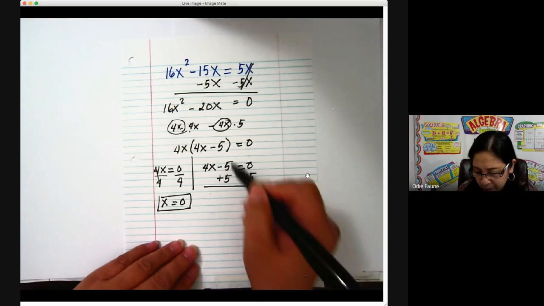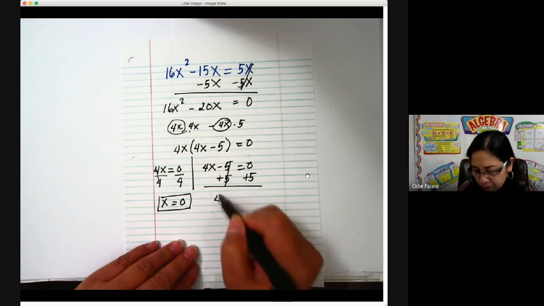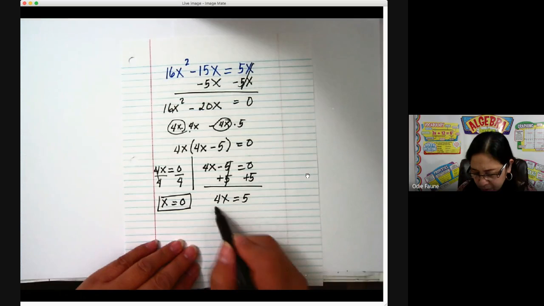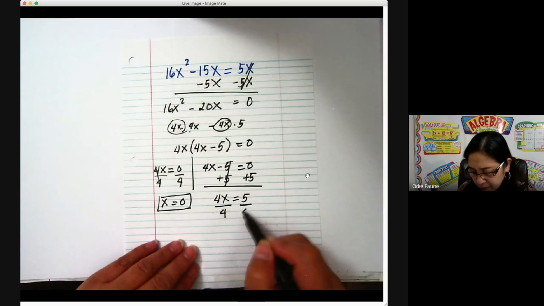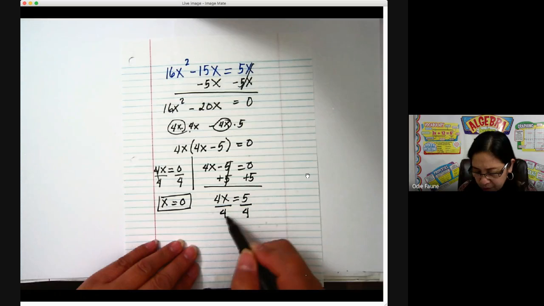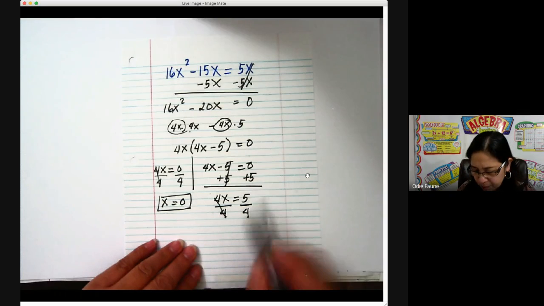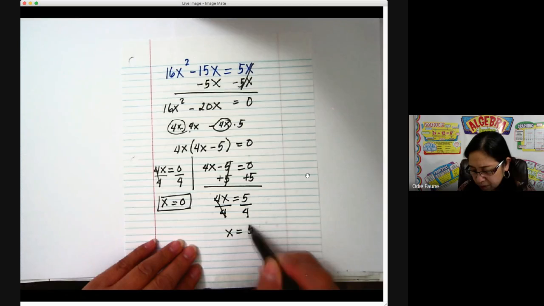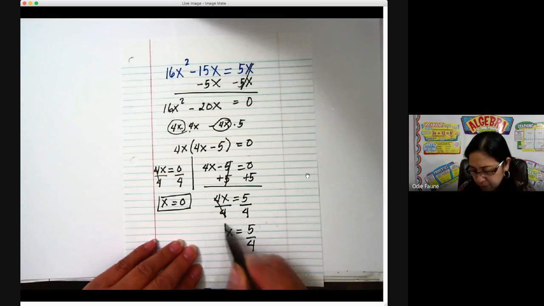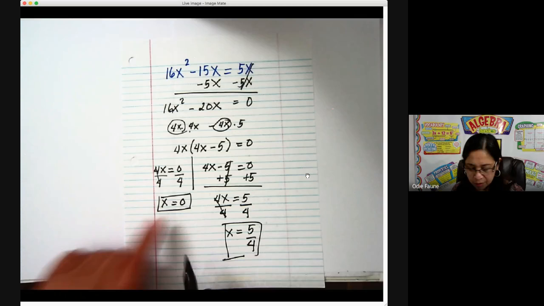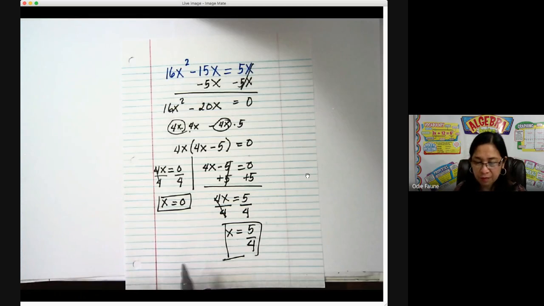So 4x is equal to 5. Then to solve for x, I will divide both sides by 4 because the inverse operation of multiplication is division. So x is equal to 5 over 4. So these are the two values of x. One is 0, and the other one is 5 over 4.